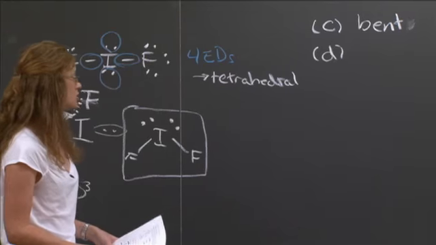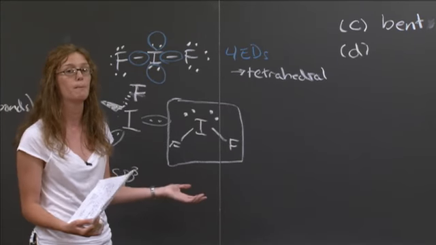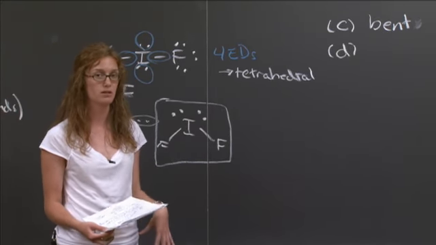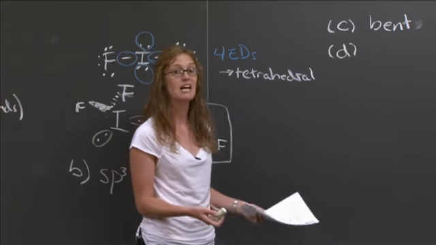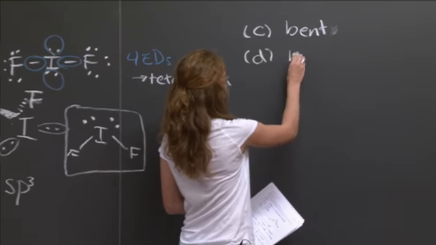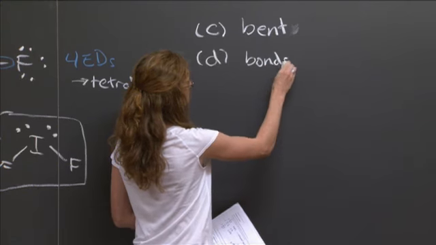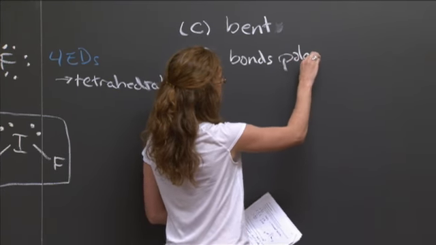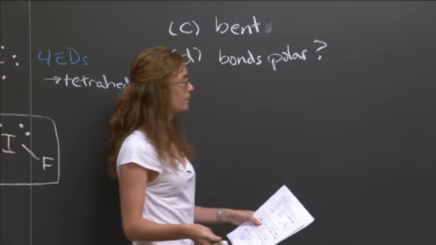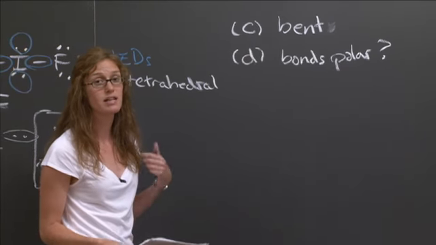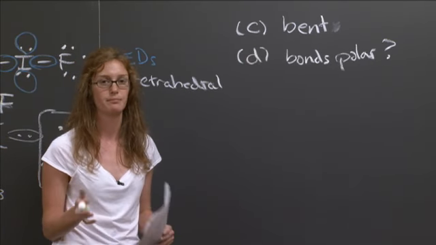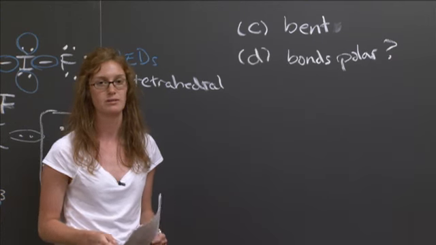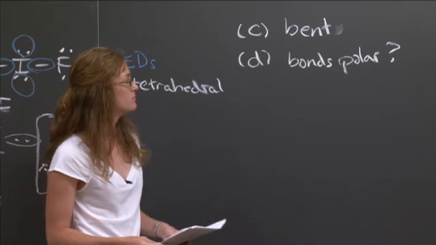First, to have a polar molecule, you need to have polar bonds. So I would first ask myself, are the bonds polar? We have a difference of electronegativity that you can look up on your periodic table and know is not negligible.